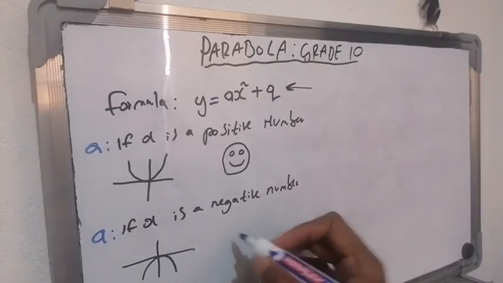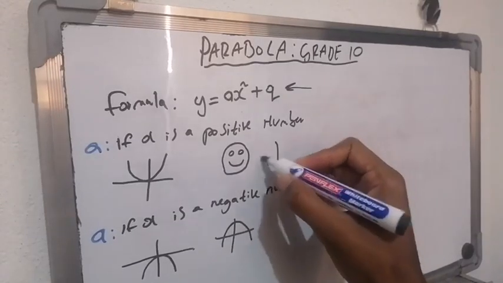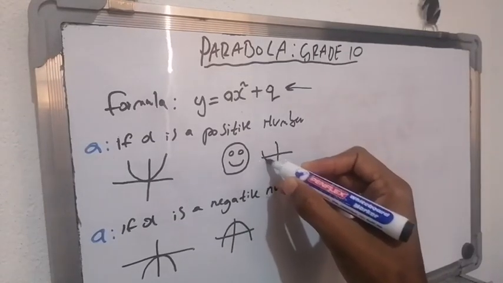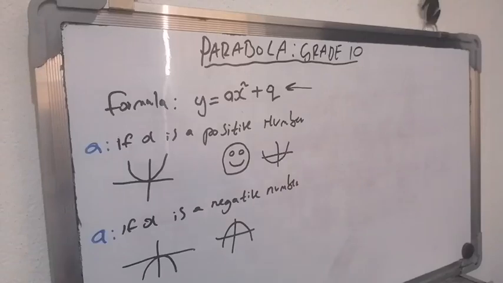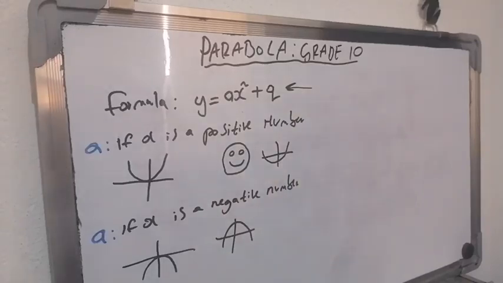Remember, it can also look like that. It doesn't matter where the turning point stands, this is how the shape of the graph will look if the value of a is negative. Even if we give you a formula and say plot, you will be able to see how your graph will look. So we're going to learn how to sketch here.